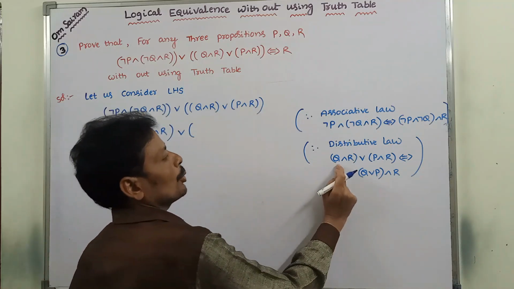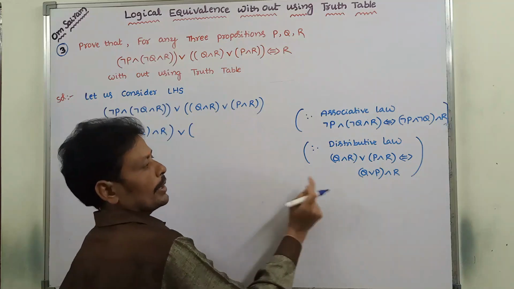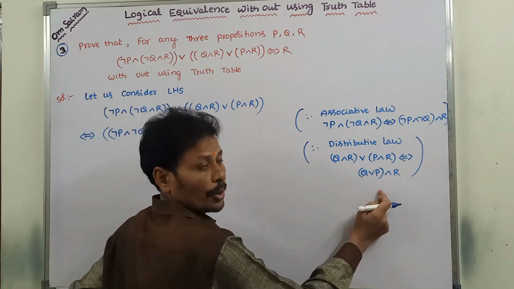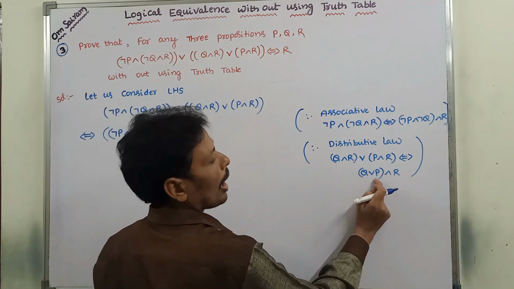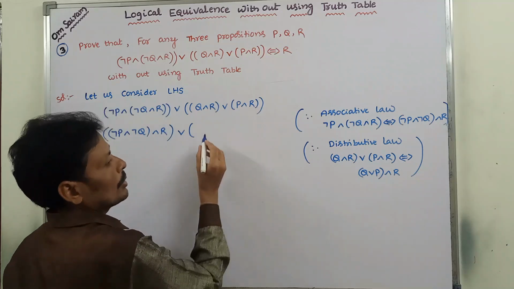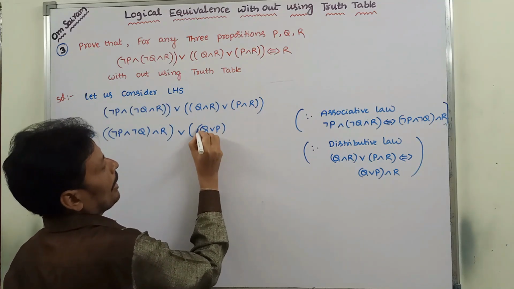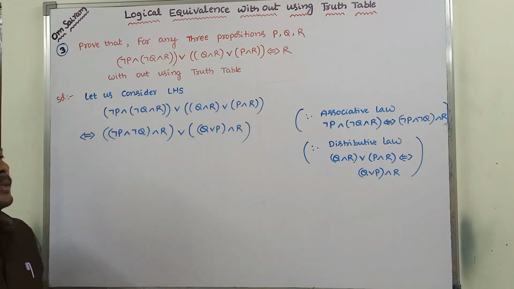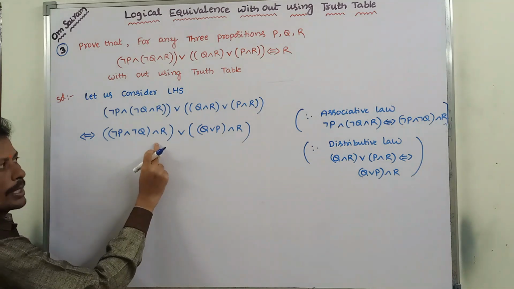Okay. Here Q and R or P and R is there, so it is logically equivalent to this one according to distributive law. So we have to substitute Q or P and R in the place of this one. So we are getting Q or P and R. So this is according to associative law.